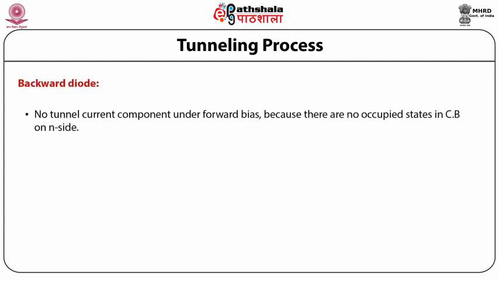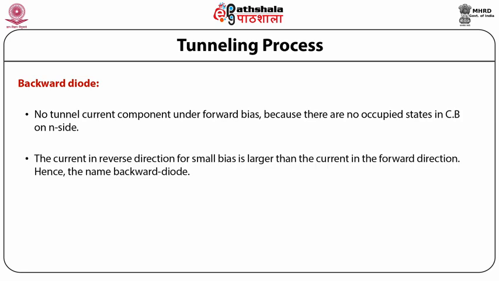There is no tunnel current component under forward bias because there are no occupied states in the conduction band on the n side. So the current in the reverse direction for small bias is larger than the current in the forward direction, hence the name backward diode.